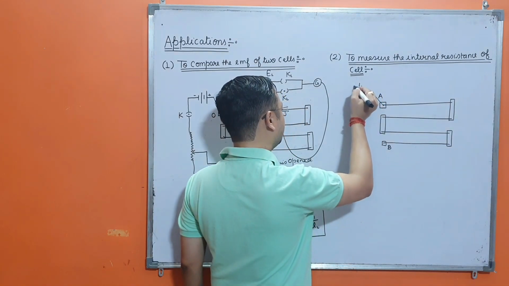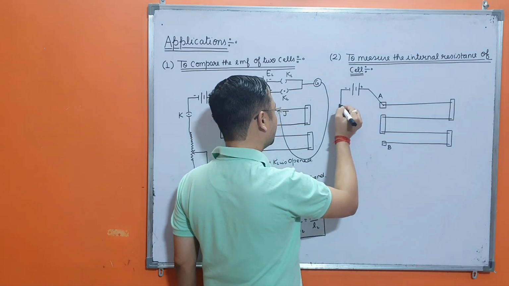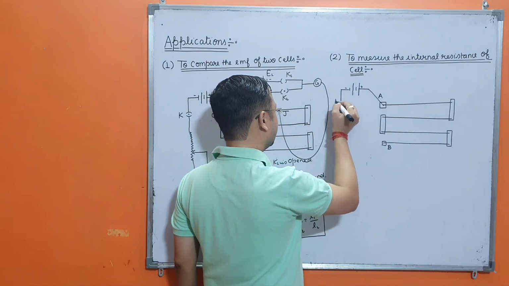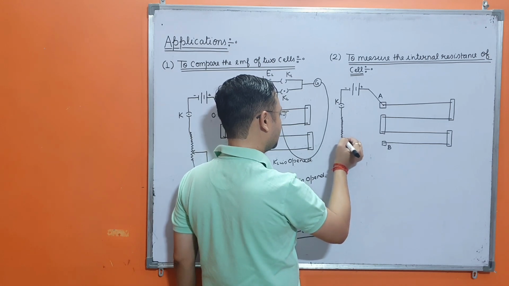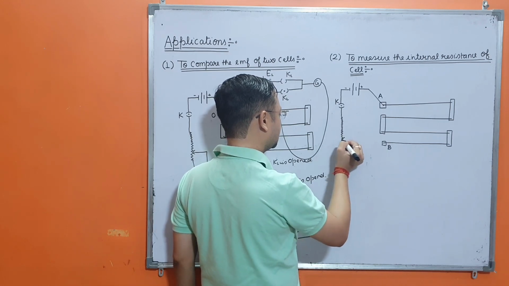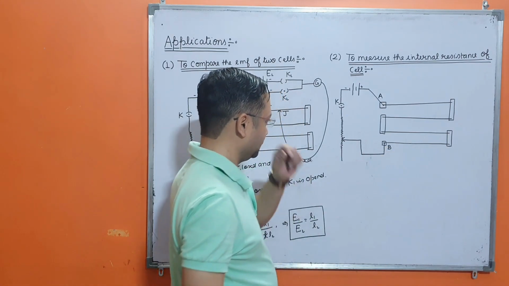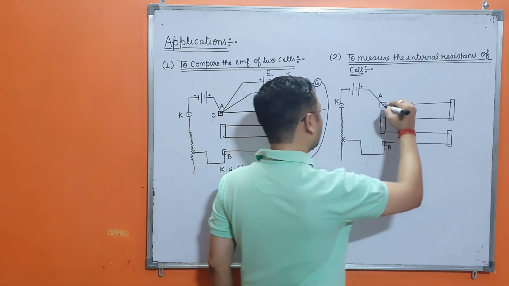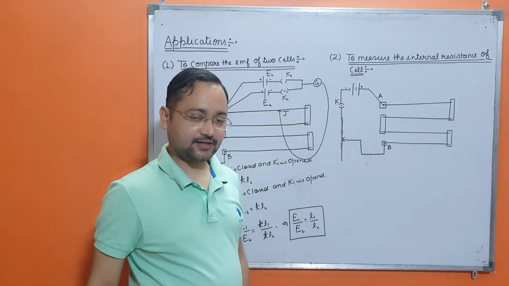This is the driver cell. The key is connected here. This is the rheostat. This is the auxiliary circuit beta.